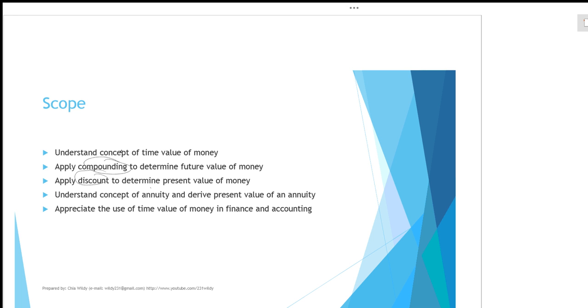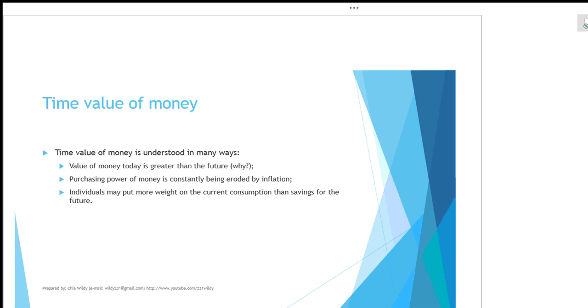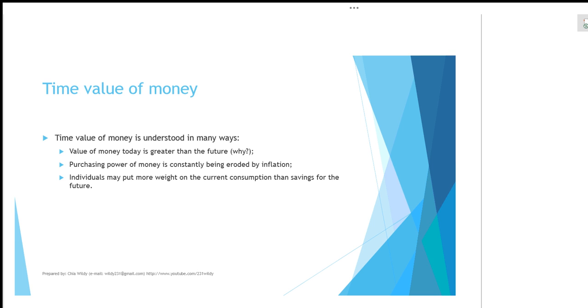Following that, we'll discuss a little bit about annuity and how the concept of annuity is relevant, and how we determine the present value of an annuity. Finally, we'll look at the use of time value of money in finance and accounting, but that's a very short introduction.